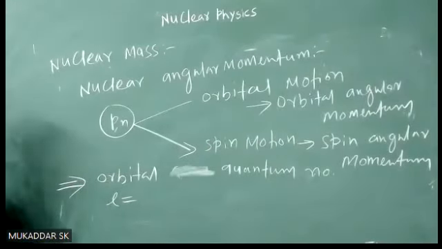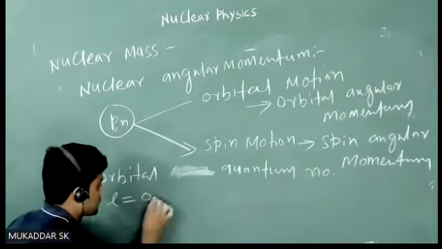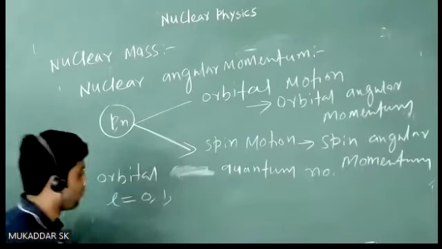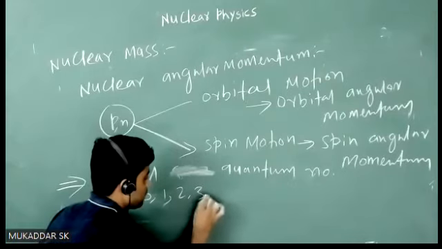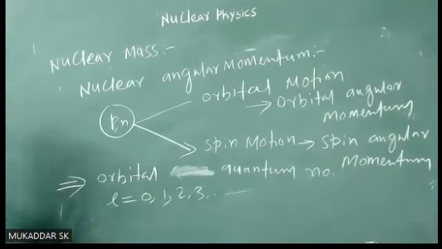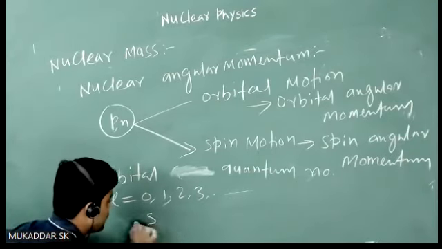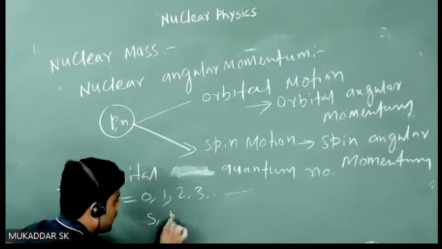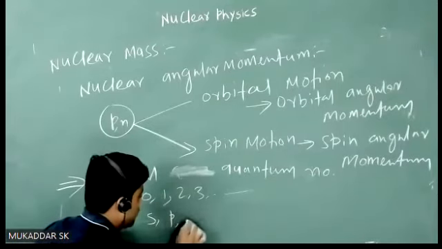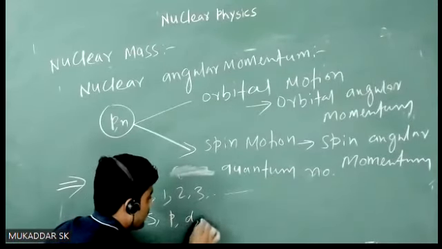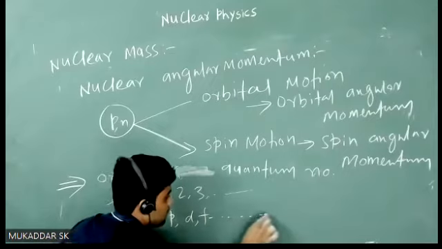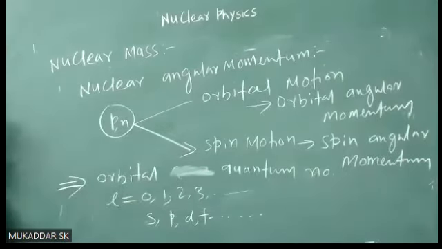The orbital quantum number can take discrete values 0, 1, 2, 3, and so on, which you people know. So l equal to 0 gives the s orbital, 1 gives the p orbital, 2 gives the d orbital, 3 gives the f orbital, and so on.